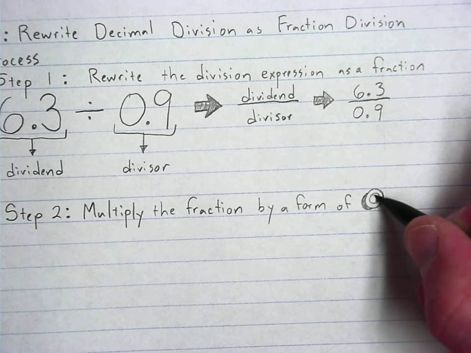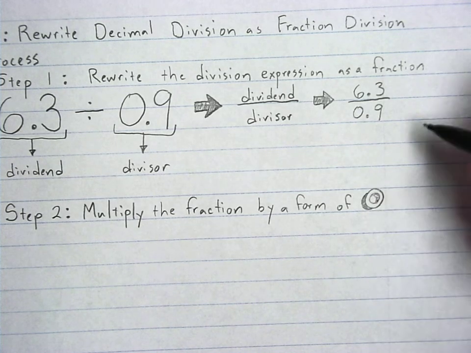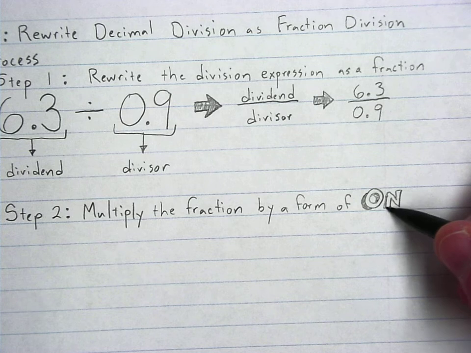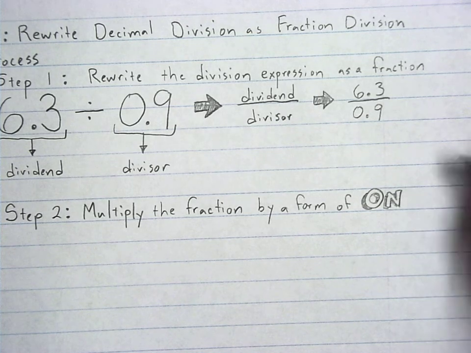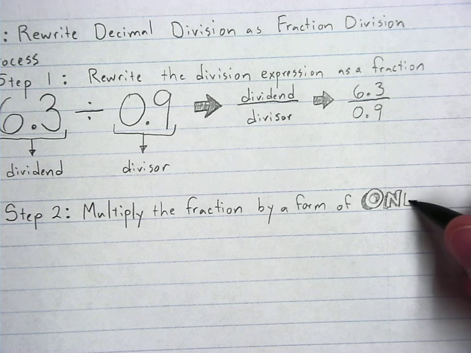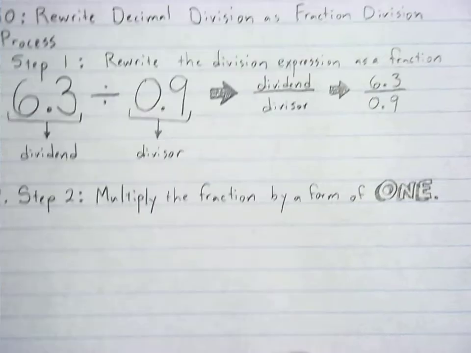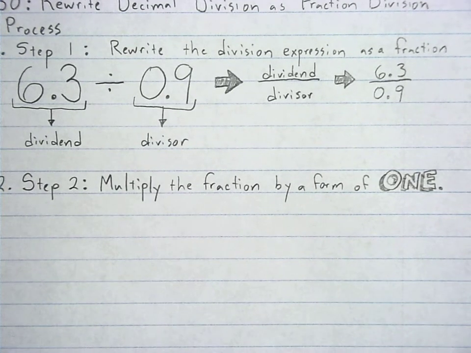Anytime you multiply the numerator and the denominator by the same thing, multiply them both by 2, multiply them both by 10, doesn't matter. Anytime you do that, you're multiplying by some form of 1. Now, I've tried to mention that before, but I don't always bring it up, so if this is not sounding familiar, trust me that you've done this.